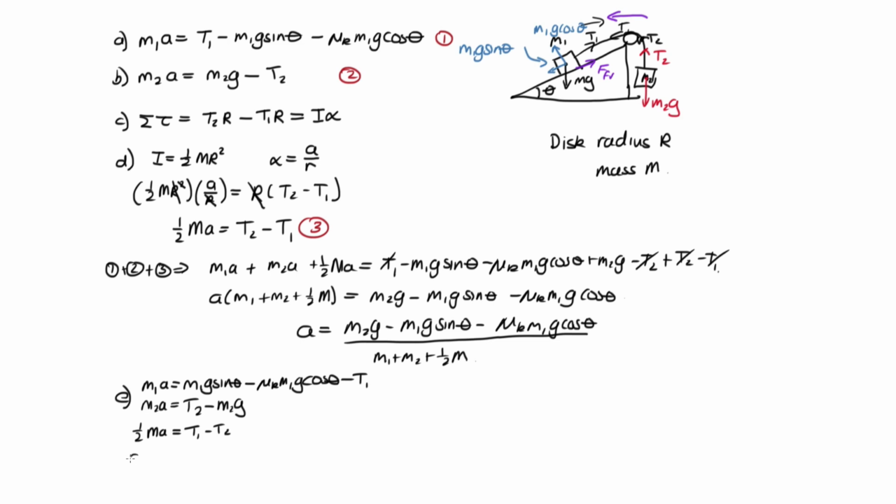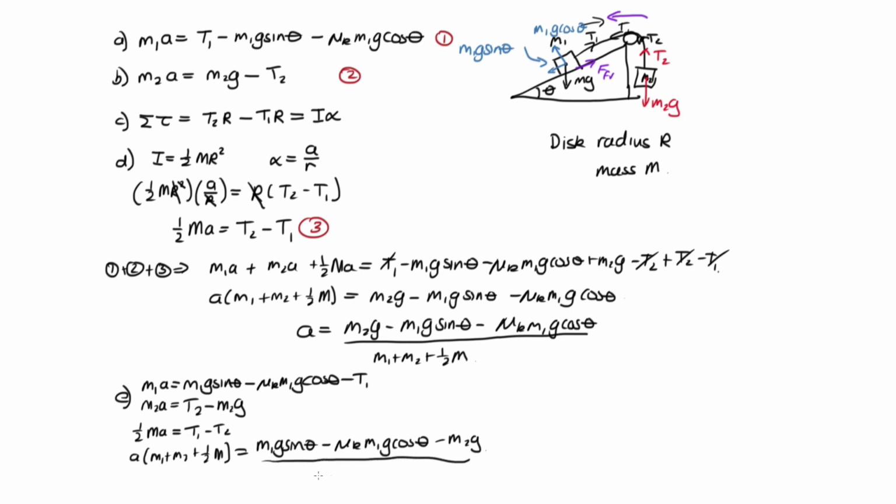So hopefully you can see we'll end up with a times (M1 plus M2 plus a half capital M). And the T's will cancel, and we'll end up with M1g sin theta minus mu_k M1g cos theta minus M2g. And so to get the acceleration, we just need to divide by this.